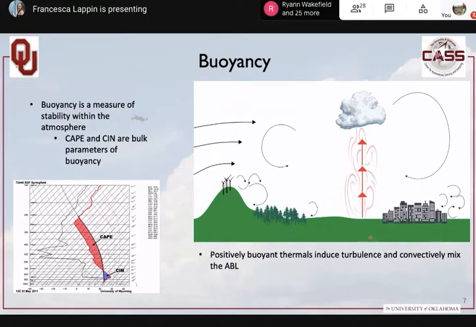Positively buoyant thermals can induce turbulence and mixing. And buoyancy has also been used to understand convection initiation, cold pool evolution, and the timing of low-level jets.